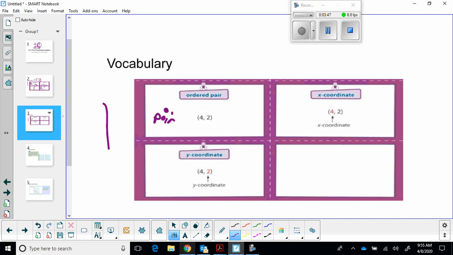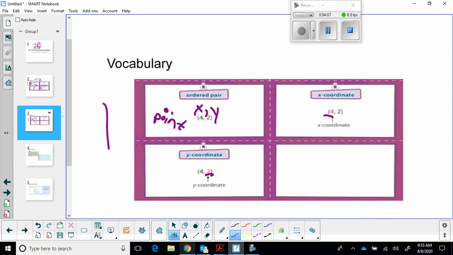Your ordered pair makes a point on your coordinate grid, and your ordered pair goes x, y. Our x coordinate is going to be the first number in your ordered pair, and your y coordinate is going to be your second number in your ordered pair.